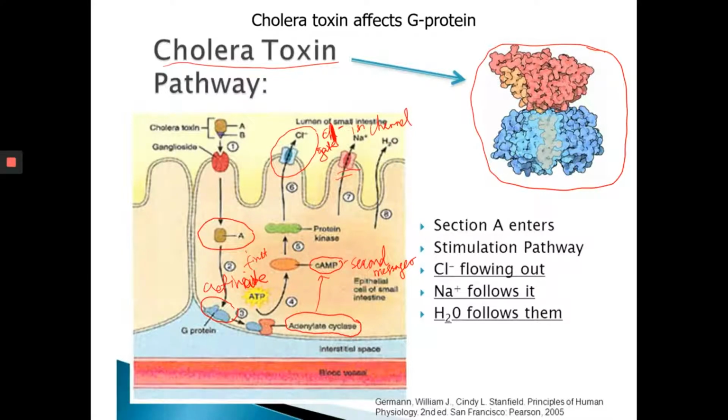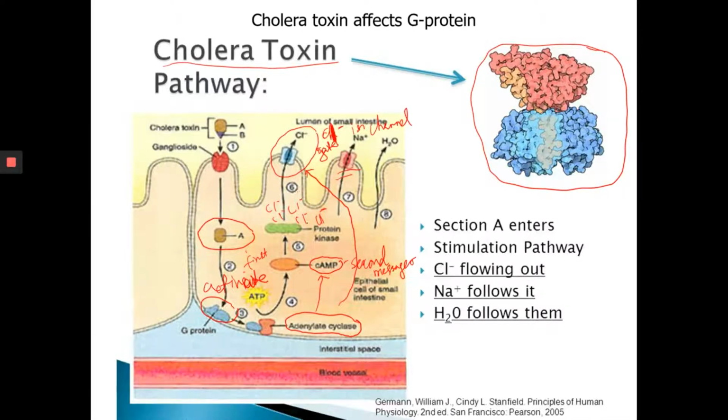This series of pathways eventually is going to cause the continuous opening of the chloride ion channel. If you remember from the gated ion channel receptor, if the channel is open, then the ion is going to diffuse, following the concentration gradient. So you have a lot of chloride inside the cells lining your intestines.